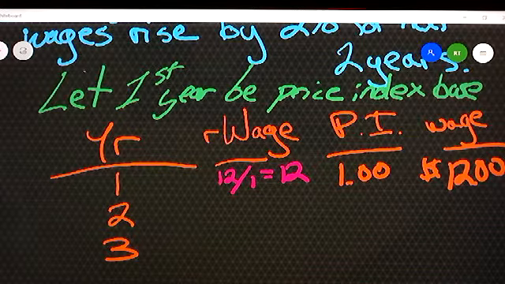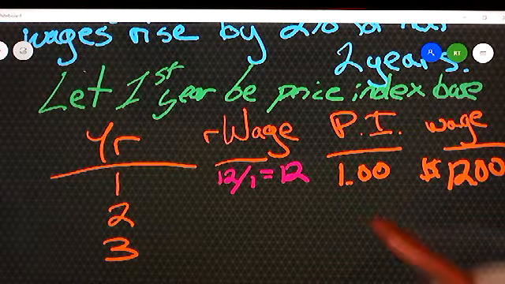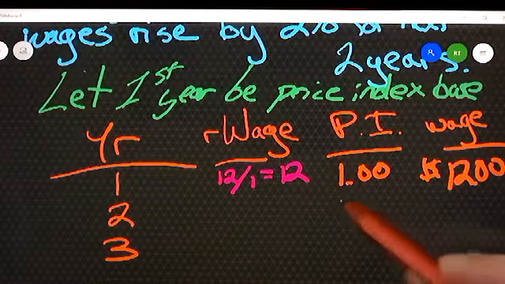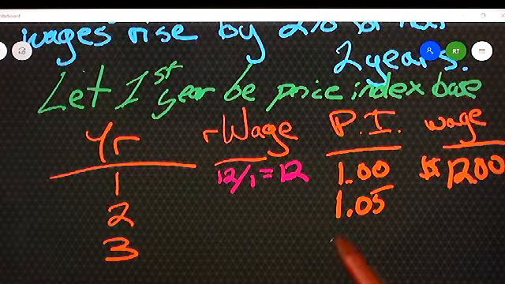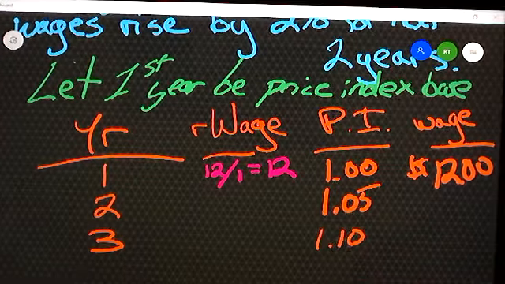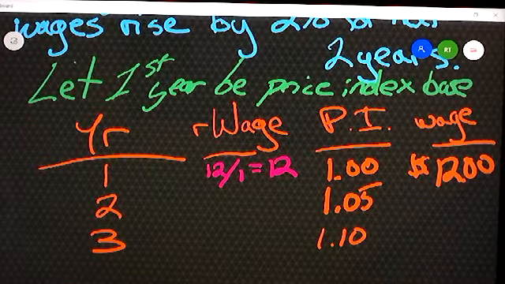And then we're going to figure out the next year. We're given this information as well, in this column: 1.05 and 1.10. So we're given some information about the macroeconomic landscape. We're told that inflation is 5% a year.